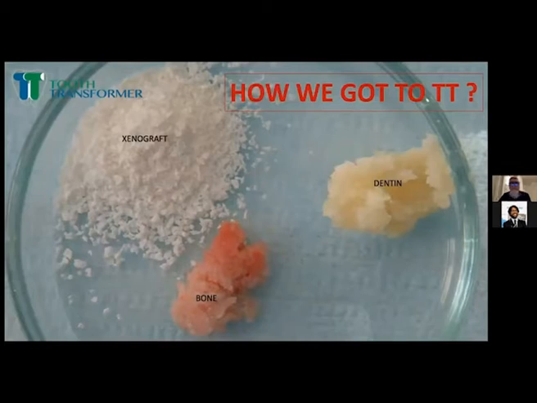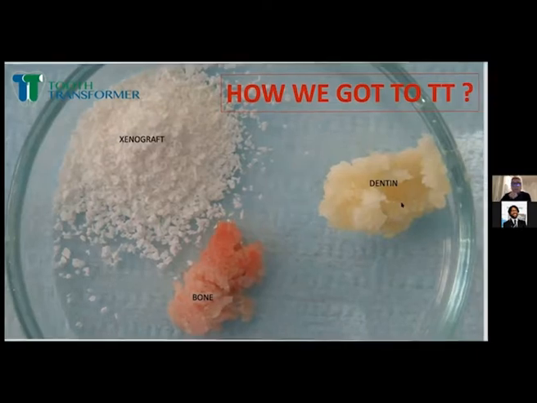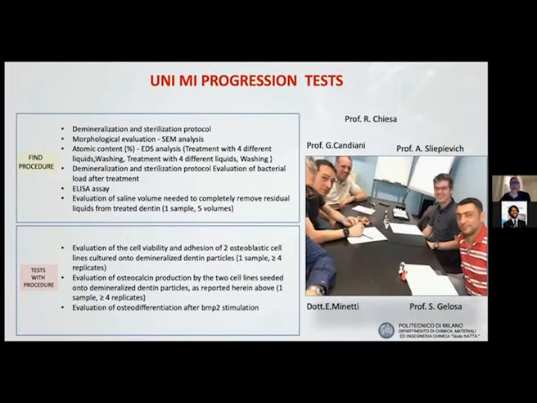So how did we get the TT? In this image, it's possible to observe the difference between the dentin and the bone, very similar in this image, and the xenograft material. Xenograft material is completely different from the bone and the dentin. So we started to try to find a device able to use the tooth.